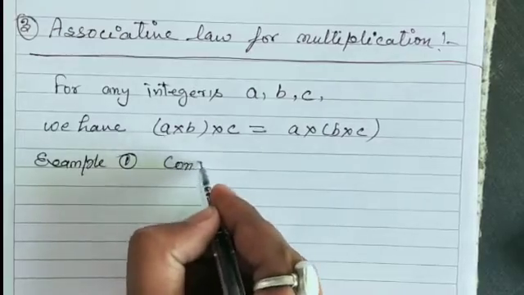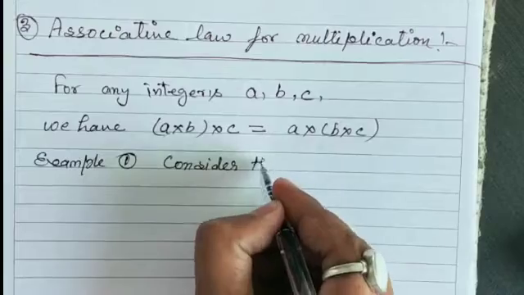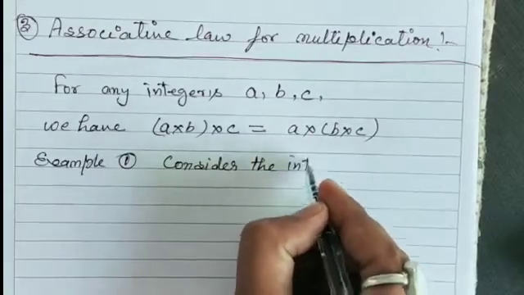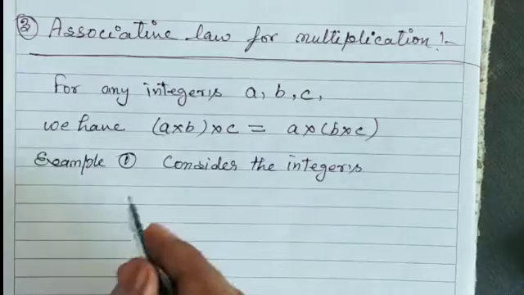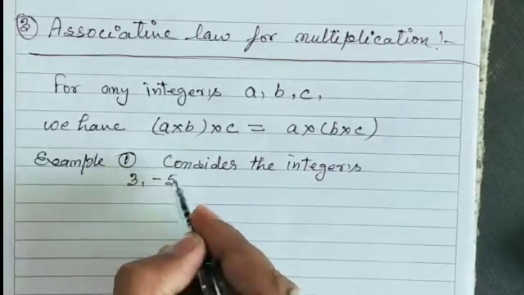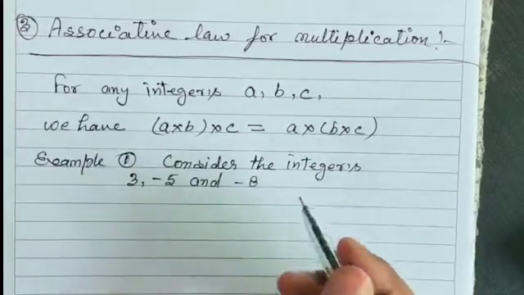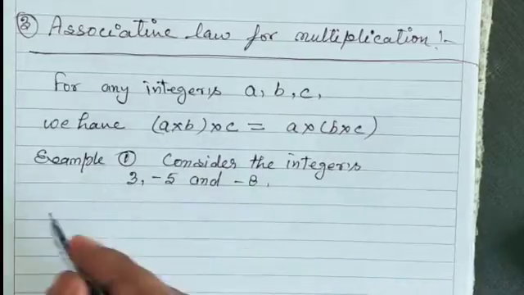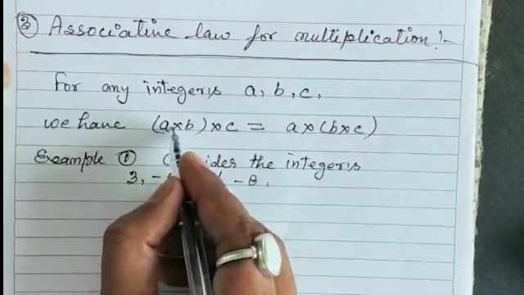Consider the integers, we have three integers: 3, -5 and -8. So we have to satisfy this condition.